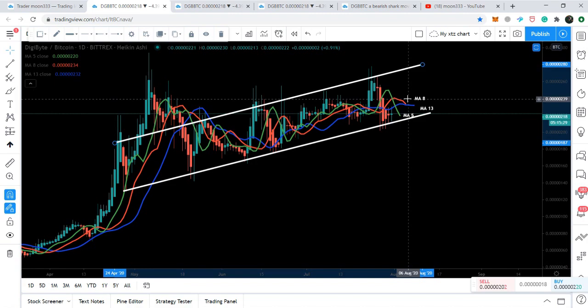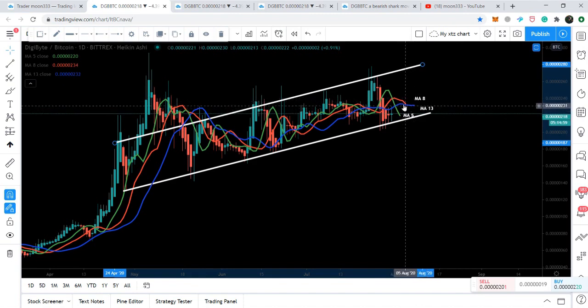And whenever we have the smallest time period moving average above all, then the bigger one, the 8, and the biggest one, 13, below all, then you can consider it a buying signal or bullish signal. And this moving average 5 is called the lips of the alligator, and this red one, the 8 moving average, is called teeth, and this biggest moving average with the time period of 13 is called jaw.